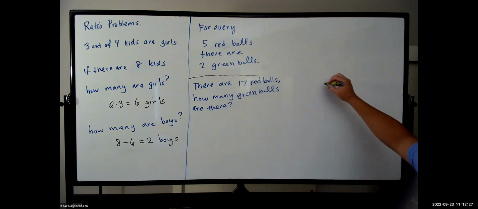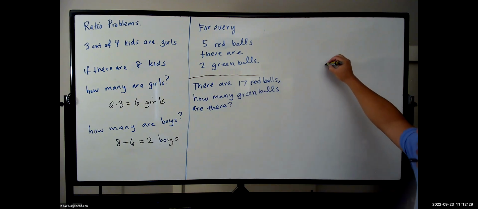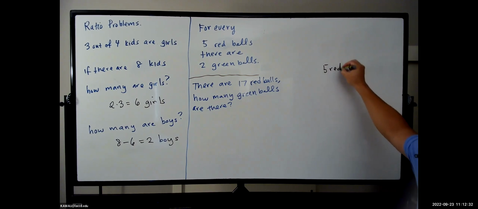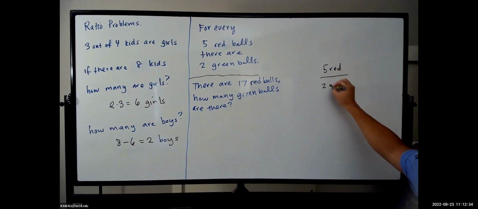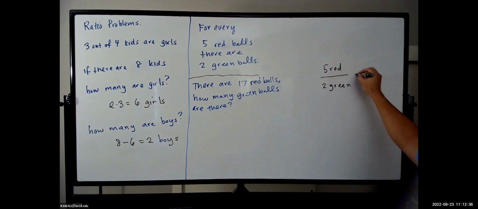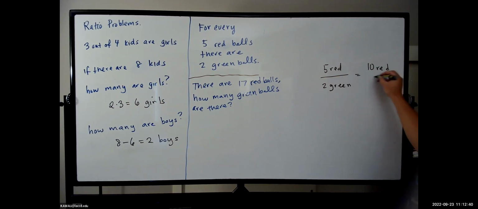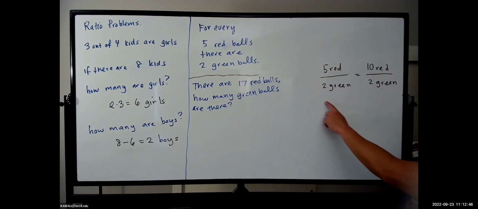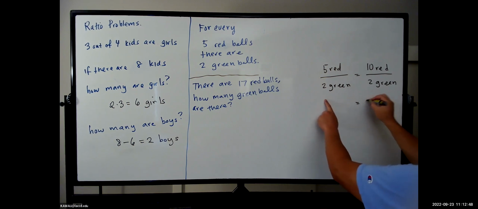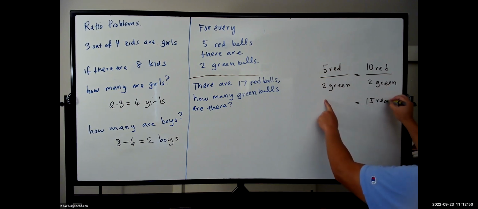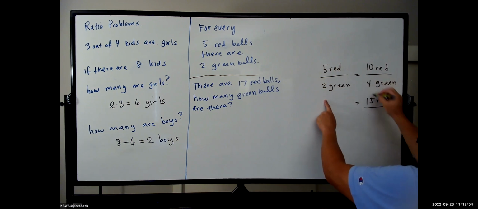If we just use our intuition, if I have 5 red balls and then I have 2 green balls, well, it's equal to, if I have 10 red balls, I have 2 green balls. This divides into this. Just like if I said I have 15 red balls, then I would have 6 green balls.